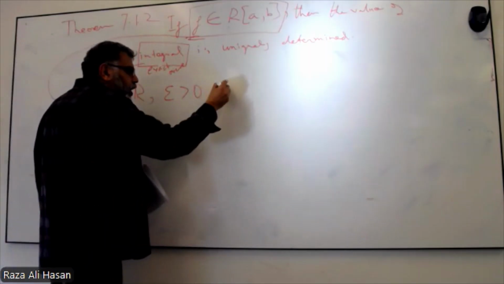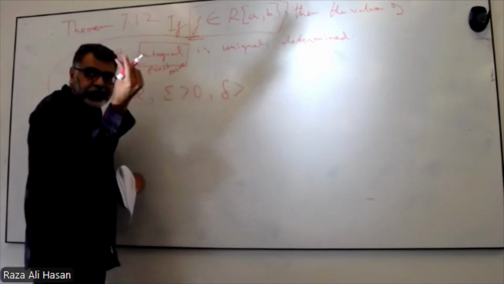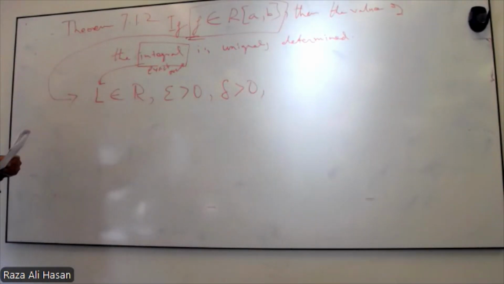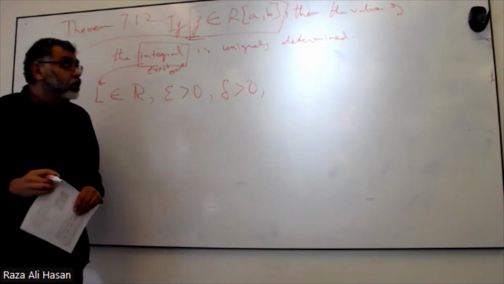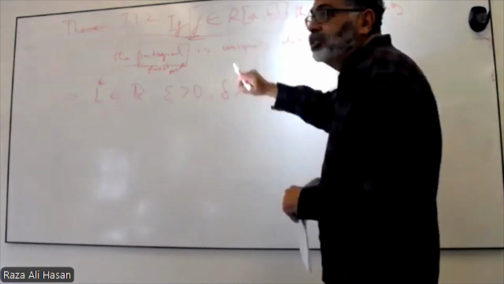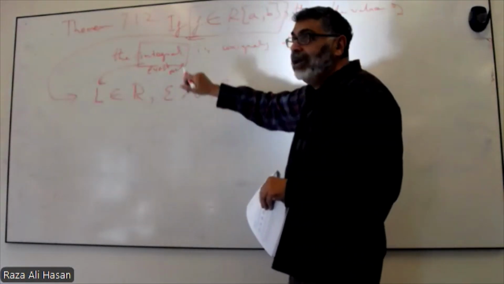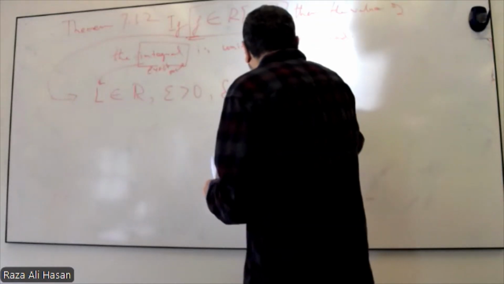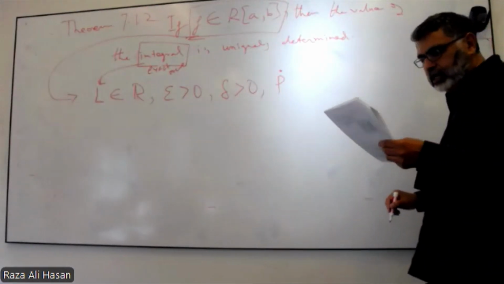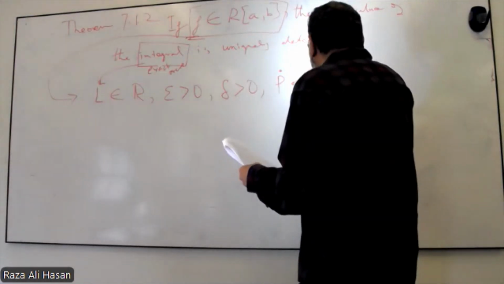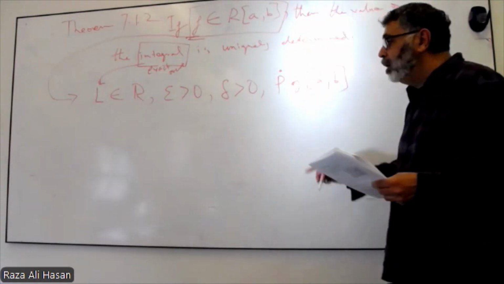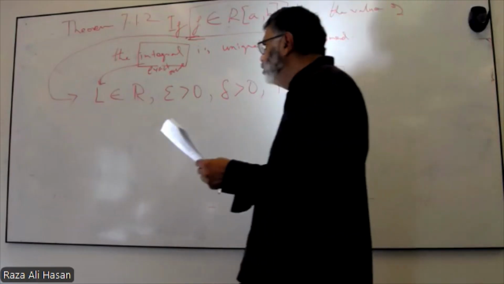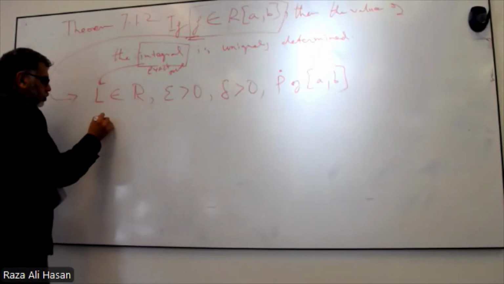We also have figured out the right delta for the width of the rectangle. And we have figured out a tag partition for our closed interval for this F, the interval beneath the curve.